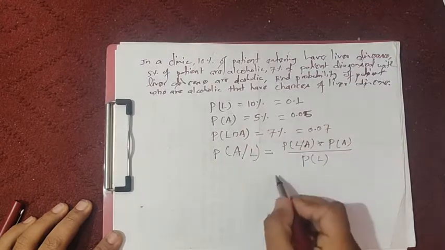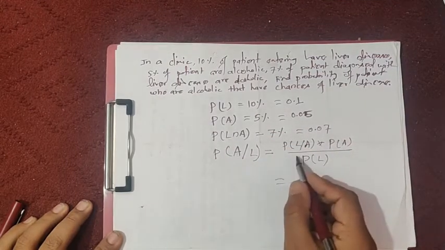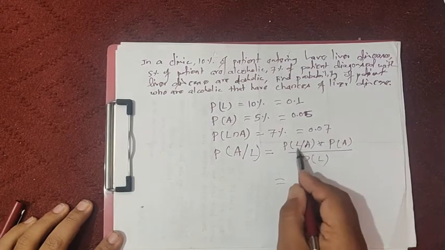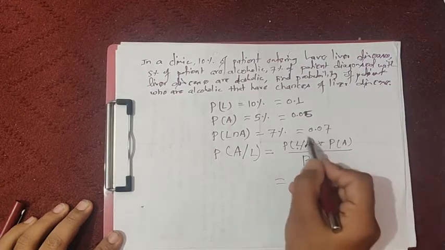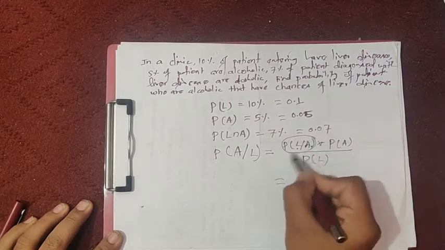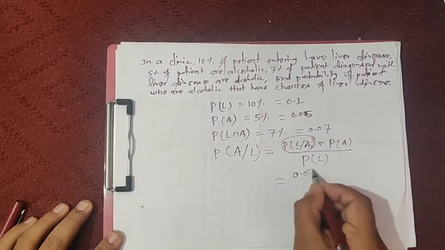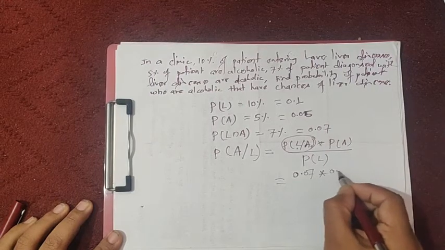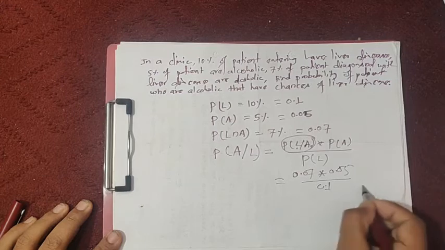So put these values. What is P(L|A)? It is the probability of L when A is given, that is the intersection of these two. So 0.07 into P(A) which is 0.05, divided by P(L) which is 0.1. So please calculate its value.